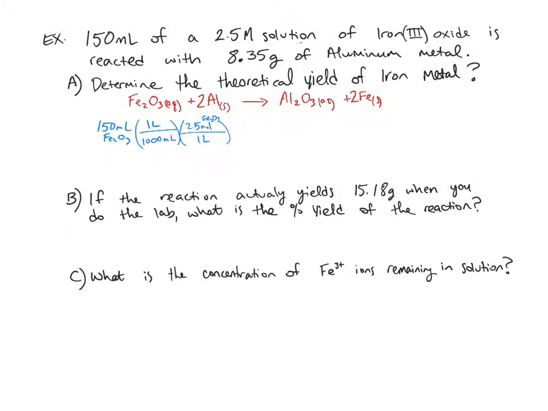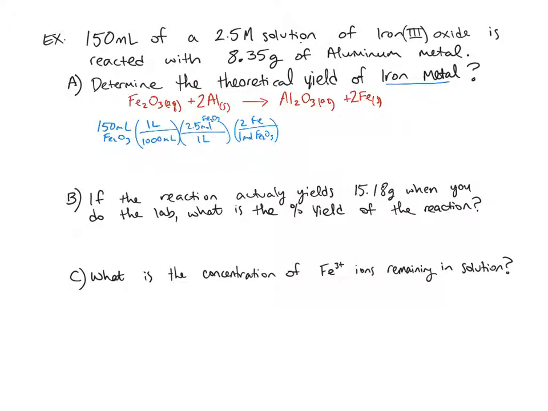Okay, now I'm in moles of iron oxide. Great. I'm looking for my product, and the product I'm looking for is iron metal. So I'm going to work towards that so that I am answering my question with all this extra work I'm doing. So now I'm going to go with my mole ratio, and I know that for every 1 mole of Fe2O3, I have 2 moles of iron that I make, and I'm getting this directly from my balanced equation, right? That is my mole ratio. All right, now I'm in moles of iron.